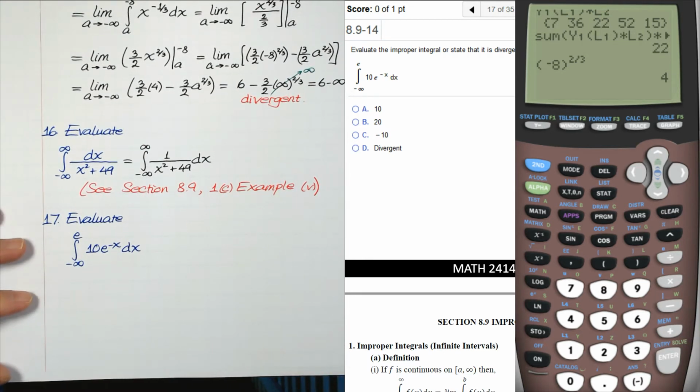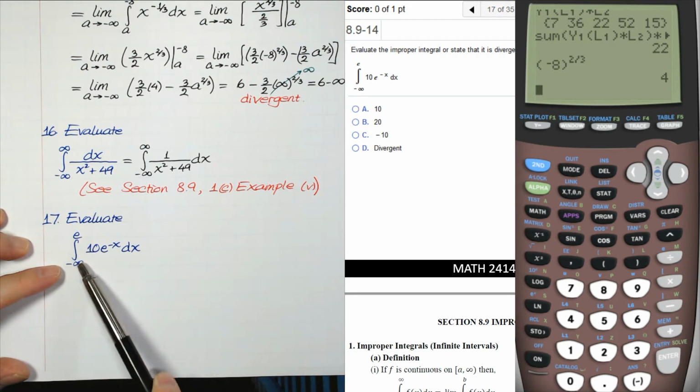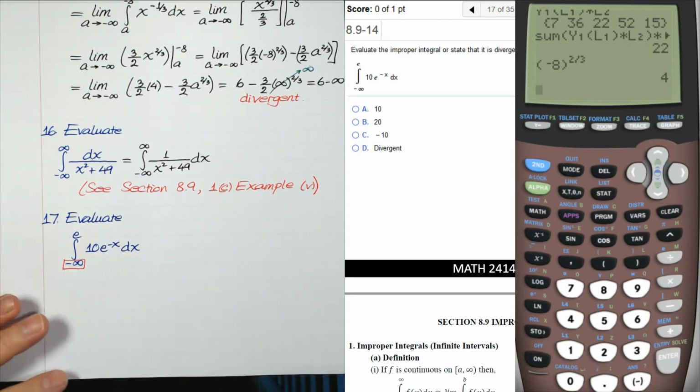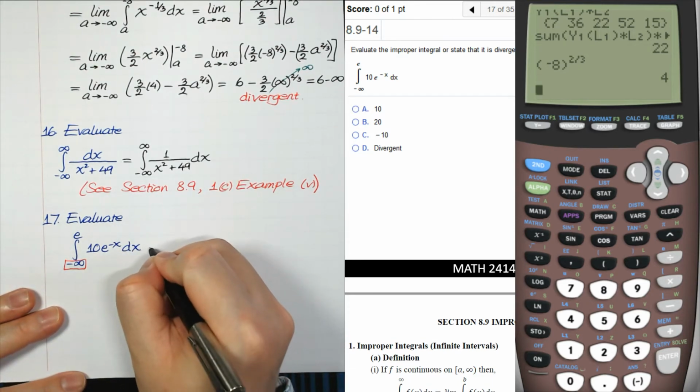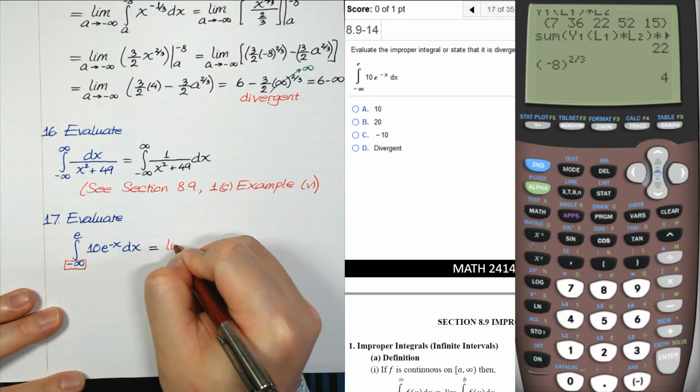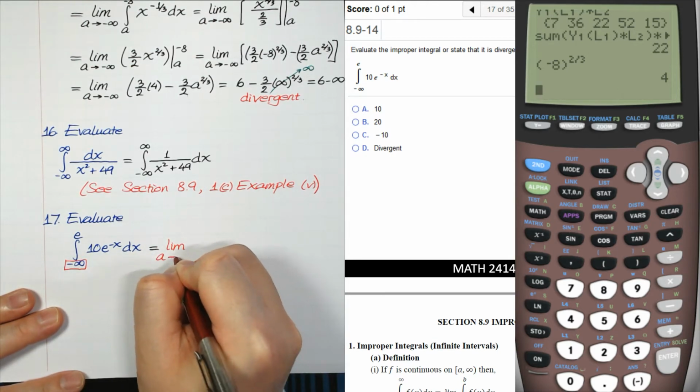So first thing we do is replace the limit. The bottom limit, so let that be a.